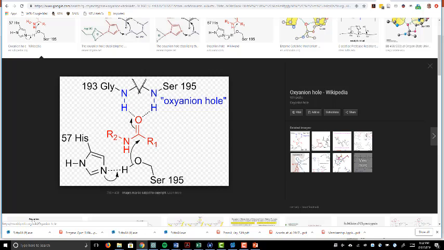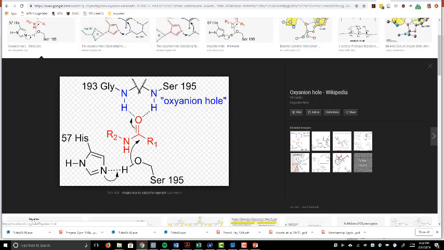So the protein can orient different side chains or its backbone, certain amino acids that are close in space, that can make it easier for the transition state to form, therefore speeding up the reaction.